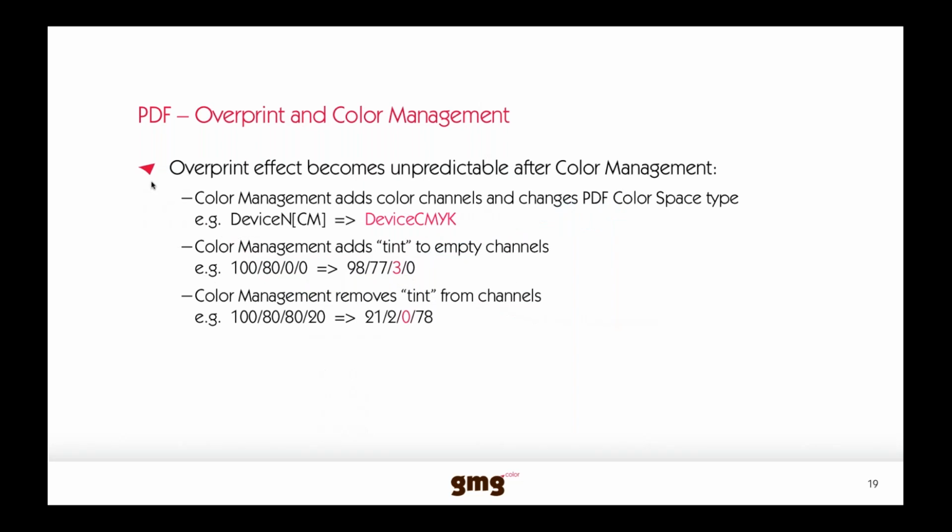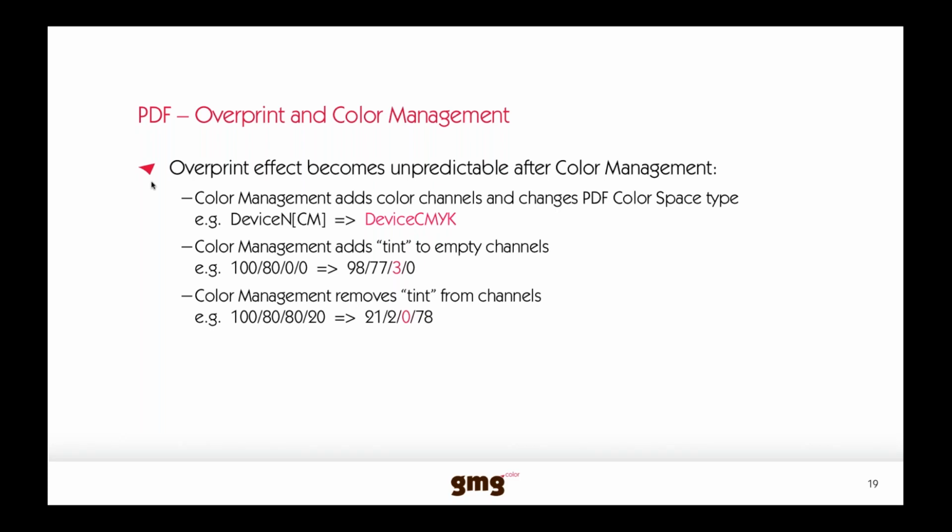Overprint and color management. Overprint effect becomes unpredictable after color management. So let's have a look into some test file afterwards, because color management adds color channels and changes PDF color space type. For example, DeviceN to DeviceCMYK.